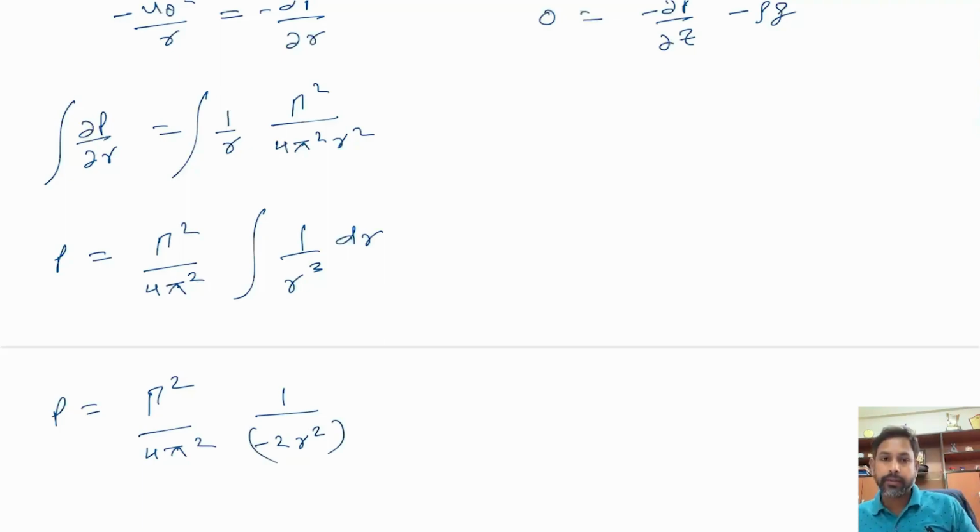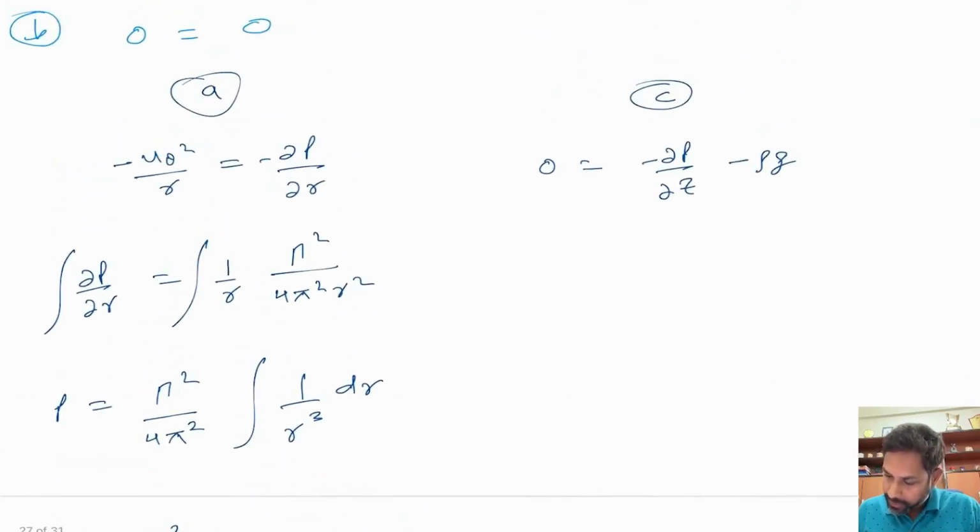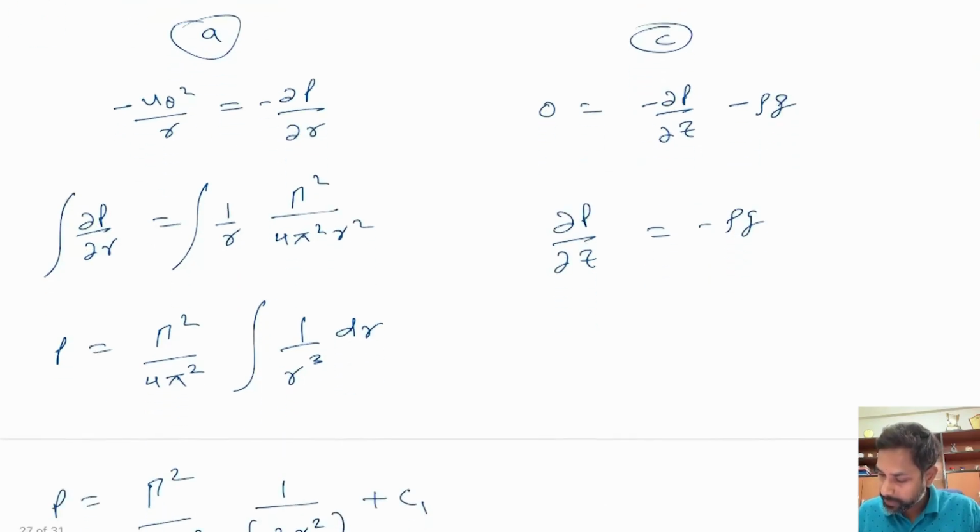This is what we will get if we integrate it, plus let's say some constant c1. All right, so that is an easy one, and now we can try the second one. Here dp by dz is equal to minus rho g, so p can be obtained as minus rho g z plus c2.